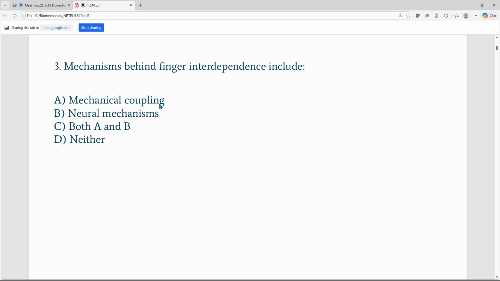Options are option A, mechanical coupling, option B, neural mechanisms, option C, both A and B, option D, neither of A and B. Is it option A, mechanical coupling, or option B, neural mechanisms, or both A and B, or neither of them? You can inbox your answers.